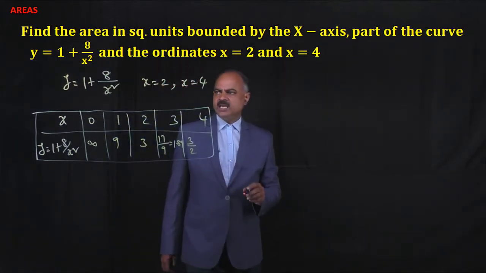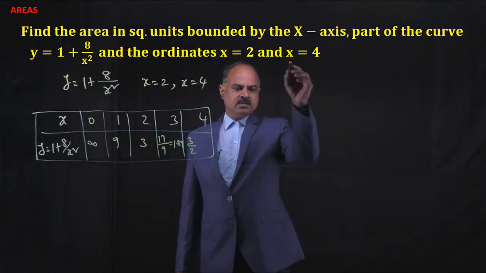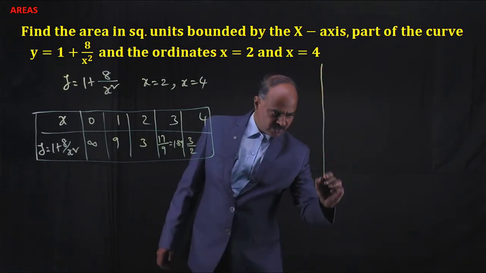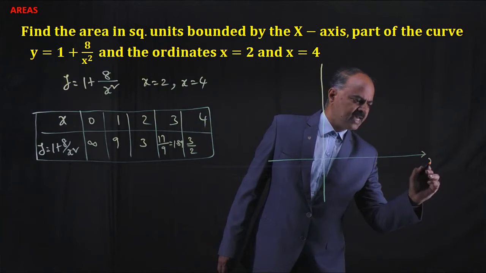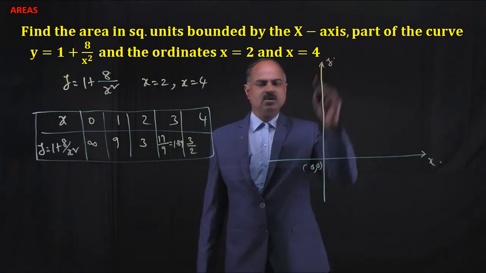Now draw the graph of y equal to 1 plus 8 by x square. This is the y-axis. This is the x-axis and this is the origin 0, 0.